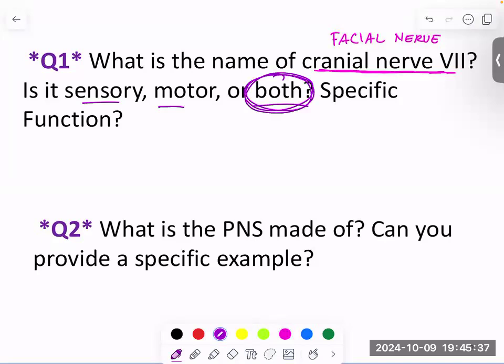When you understand that it's both, I need you to provide me a sensory function and a motor function. Let's start with the motor function. What are the motor functions of the facial nerve? What are you going to write for me? Facial expression, facial motor, facial muscles, something to that extent.